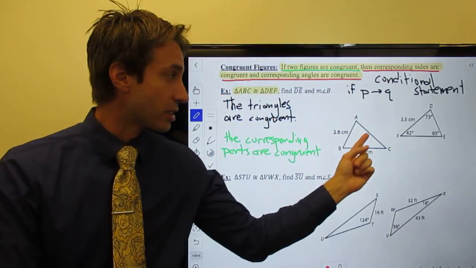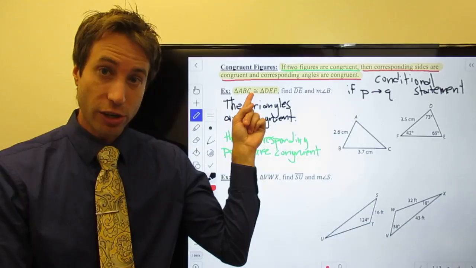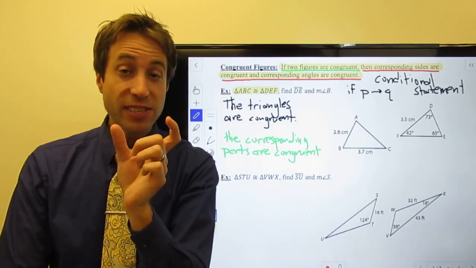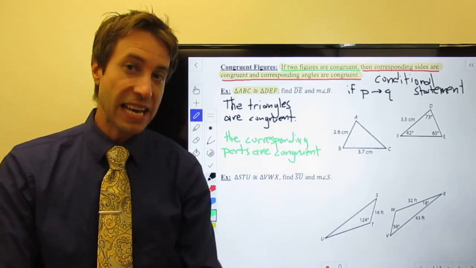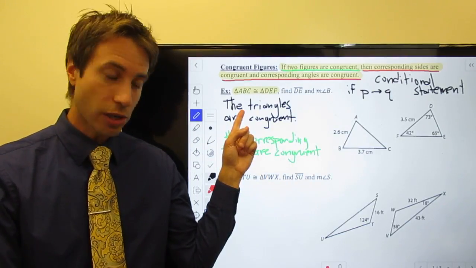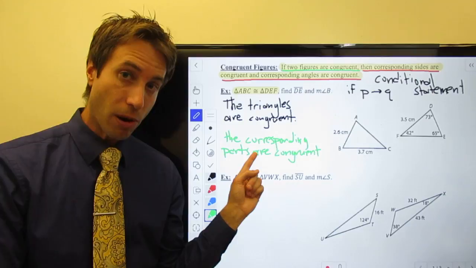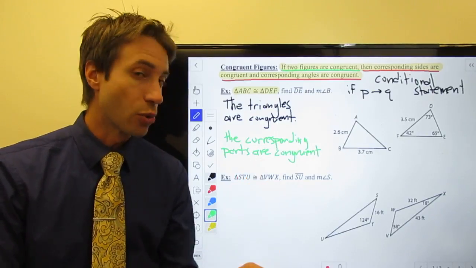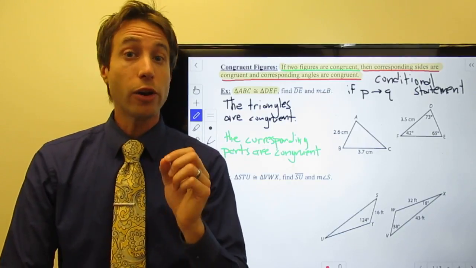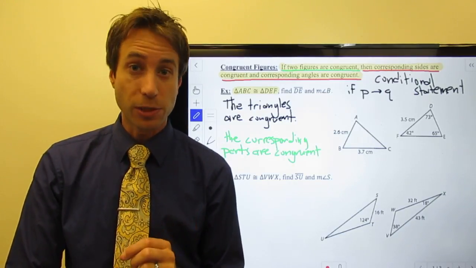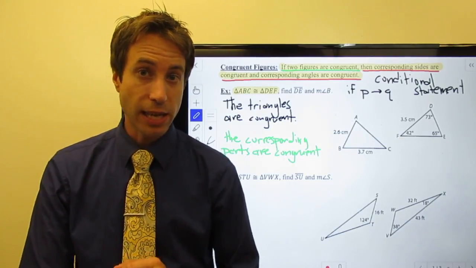These two triangles are congruent. Because the hypothesis is true, the conclusion must be true. Since the triangles are congruent, their corresponding parts must be congruent. Now, your job is to figure out what the corresponding parts are.